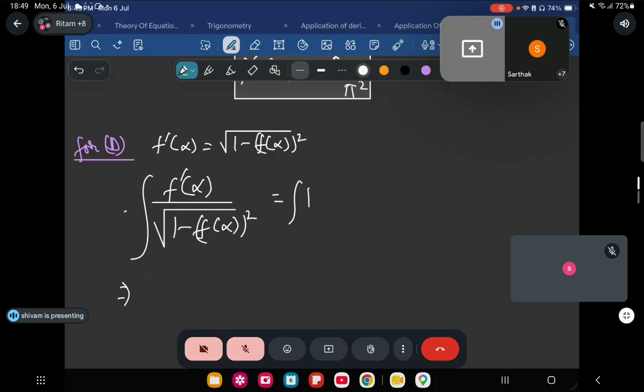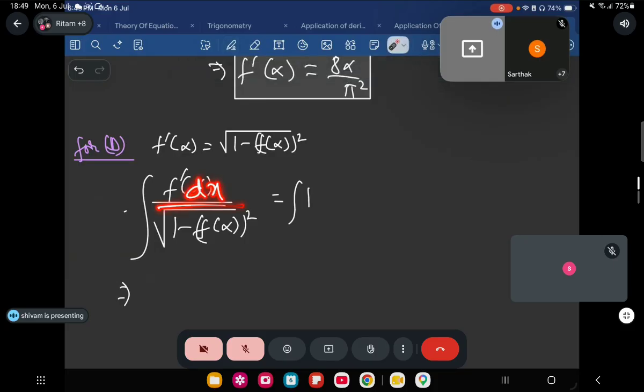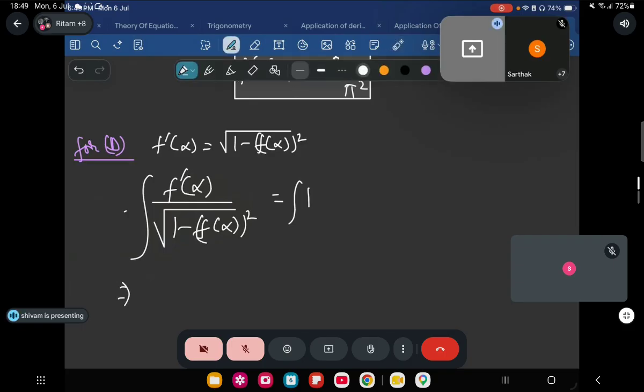Okay. It is like dx upon root over 1 minus x square, right? What is integral of dx by root over 1 minus x square? Do you know? Sine inverse x. So this will become how much? Sine inverse f of alpha. Tell me. This will be equal to x.